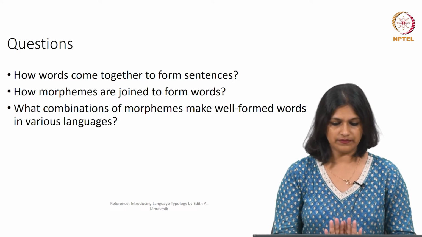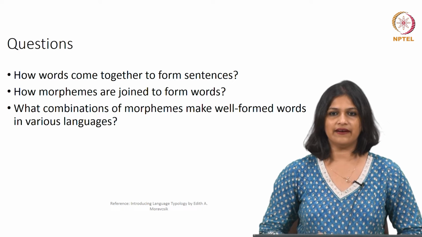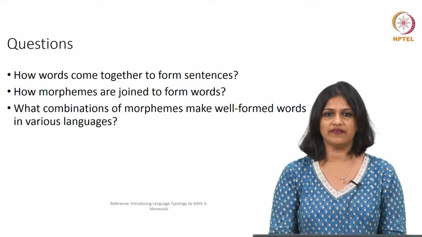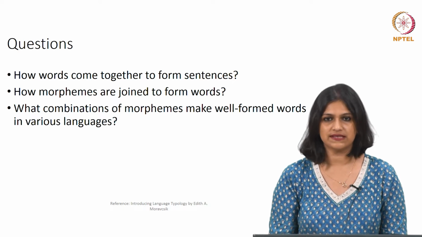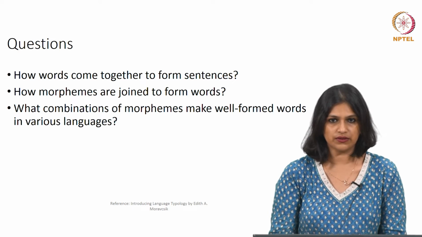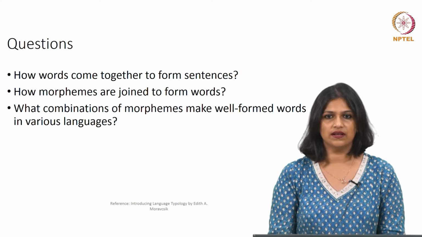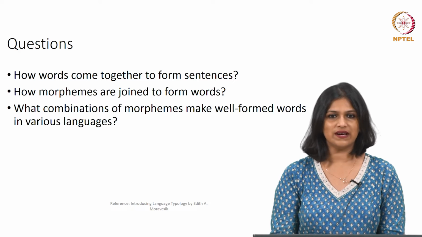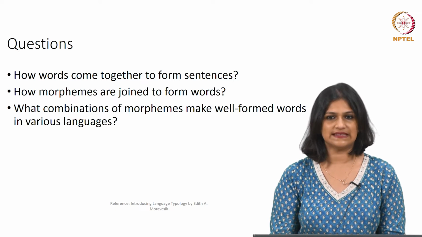To begin with, I have three very basic questions which eventually we are going to discuss through this unit. The first question that we need to figure out is how words come together to form sentences.